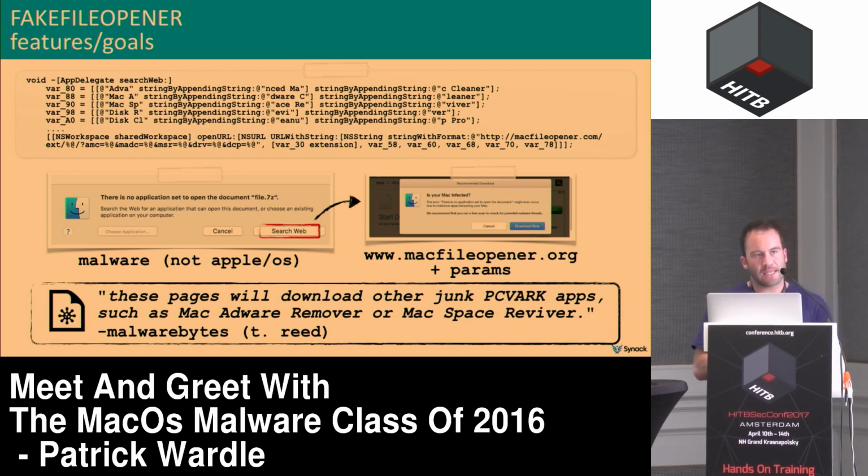So once the malware has been executed, what does it actually do? Well, all it does is go and download more adware, which is really kind of lame. It'll pop up an application that says, no application is available to execute this. This is made to look like an Apple prompt, but in reality, this is the malware. If the user clicks search web, it'll take them to a website, macfileopener.org, and that website will try to get the user to install more adware.